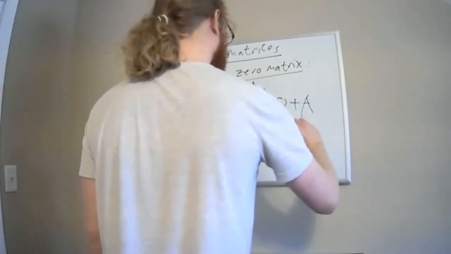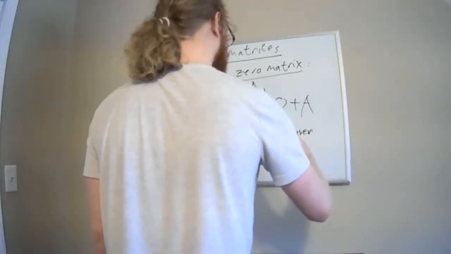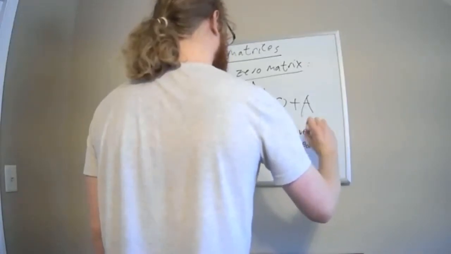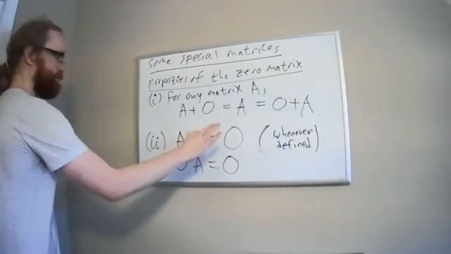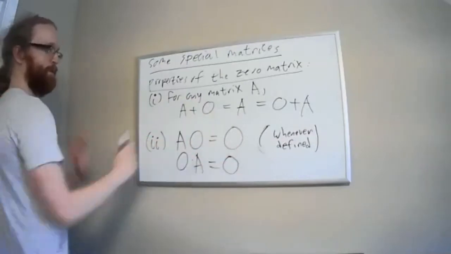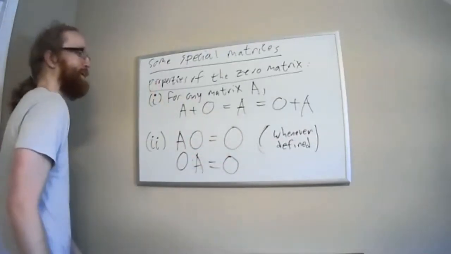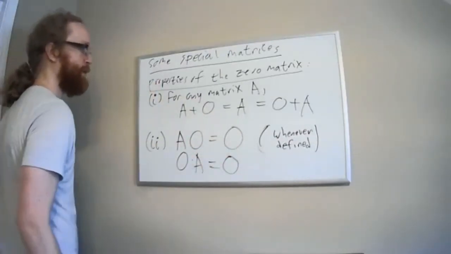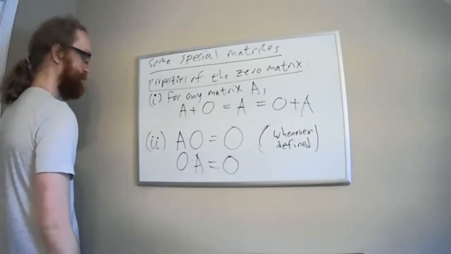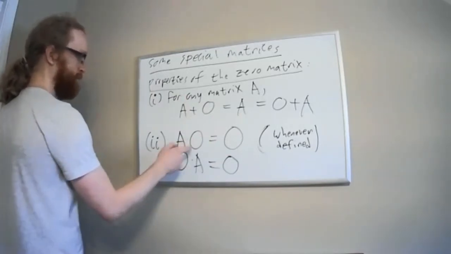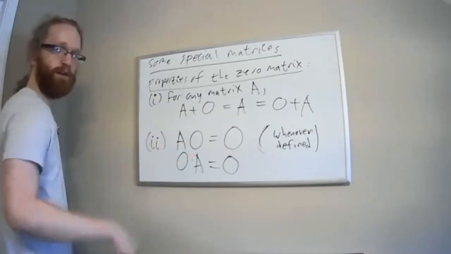So whenever defined, meaning that as long as the dimensions of the matrices make sense, then these are true. So just bear in mind, if you're trying to solve an equation and you end up multiplying something by zero, then you'll just get a zero matrix out of it.